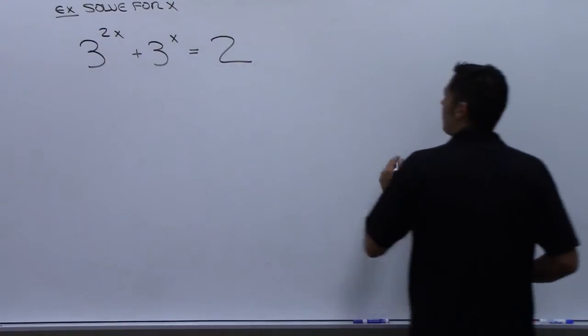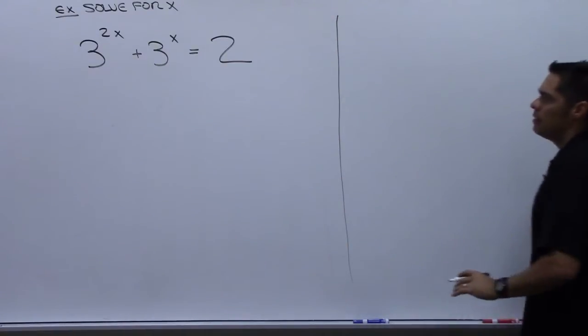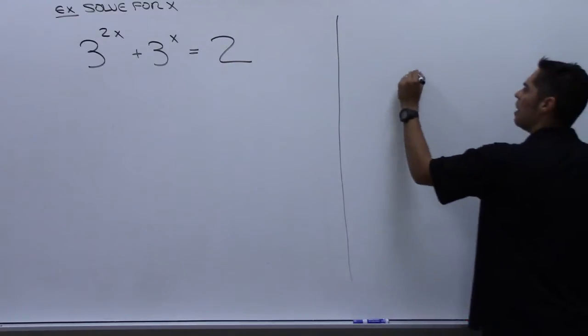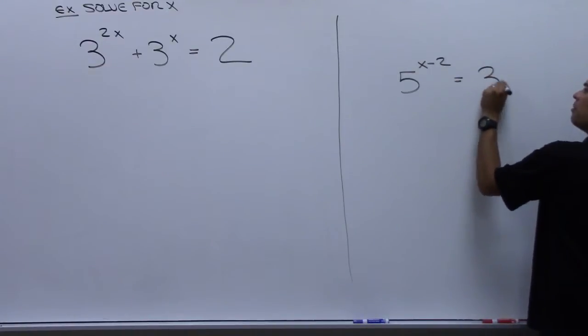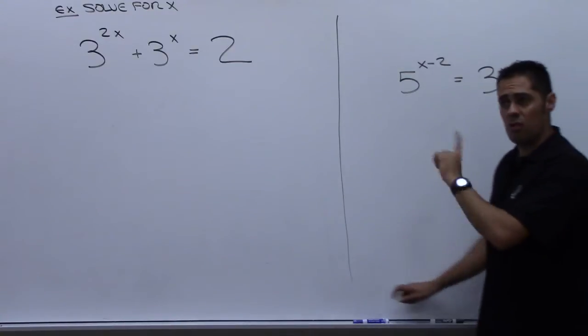Maybe I should just remind you on the side here before we do this one. Let me remind you what we did last time. If we had something like 5 to the x minus 2 equals 3, then what I showed you last class is you can bring in the natural log on both sides.